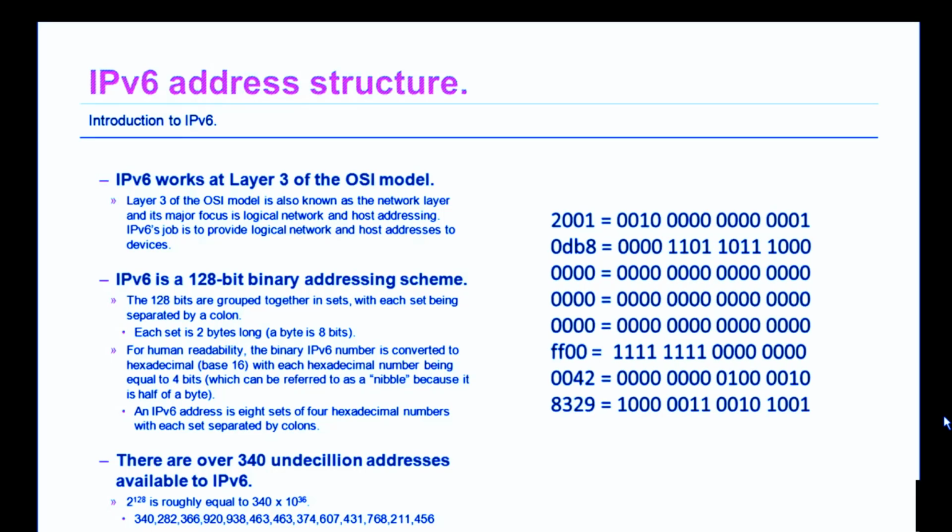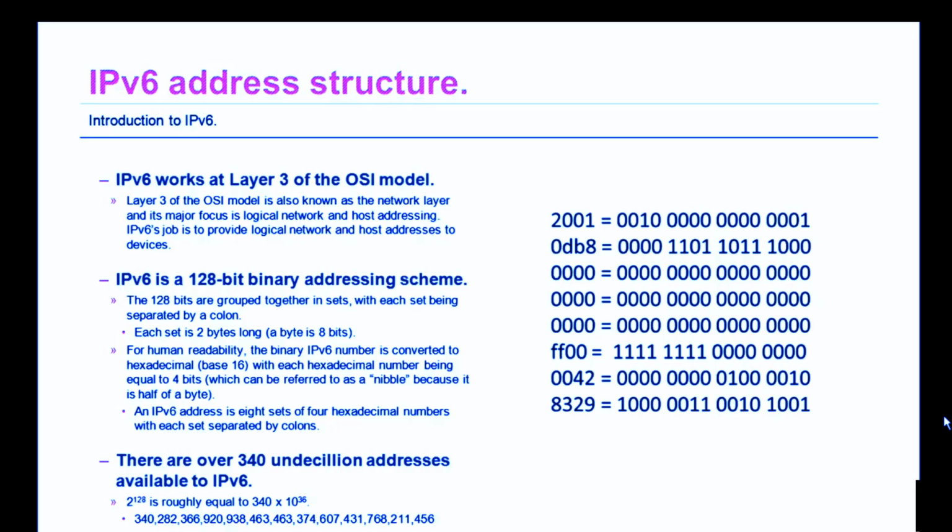For human readability, the binary IPv6 number is converted to hexadecimal, that's base 16, with each hexadecimal number being equal to 4 bits. Now those 4 bits can actually be referred to as a nibble because it's half of a byte. An IPv6 address is 8 sets of 4 hexadecimal numbers, each being separated by a colon.